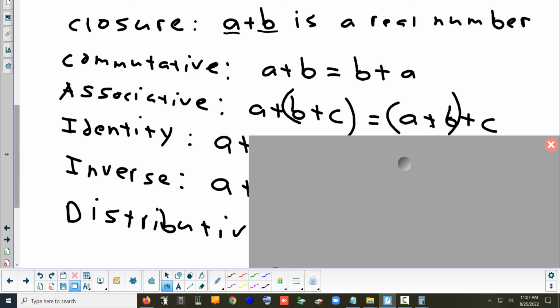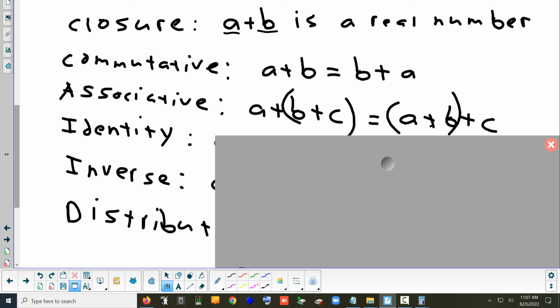Or do you want to do A plus B first? So associative is how things are grouped. And that property applies to addition, and it also applies to multiplication, not necessarily subtraction. If you group things in a different order with subtraction, you could get different answers.